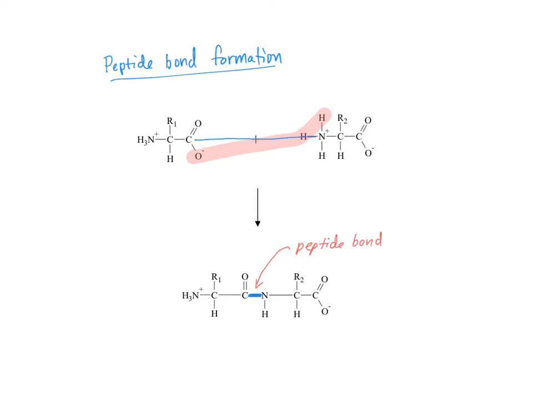Now, notice something about this. It's an NH right next to a C double bond O. That peptide bond is the same exact functional group as an amide. Or an amide, sometimes we call it. And amides and peptides are chemically the exact same thing. You learned amides as functional groups, but we like to think of them as linkages.